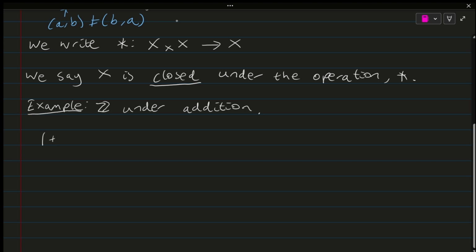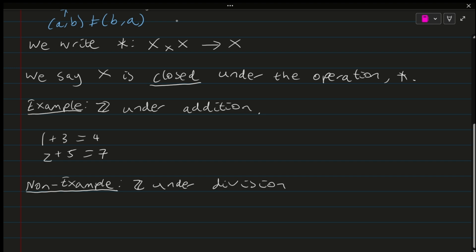So 1 plus 3 gets 4, 2 plus 5 gets 7, and so on. And 4 and 7 are both also integers. So our set, the integers, is closed under addition. We can take a non-example here as well. For our non-example, we could take the integers under division, because now, for example, 2 divided by 3 is not an element of Z.